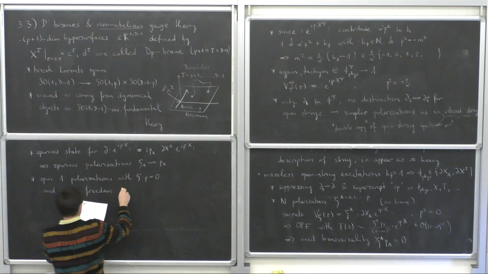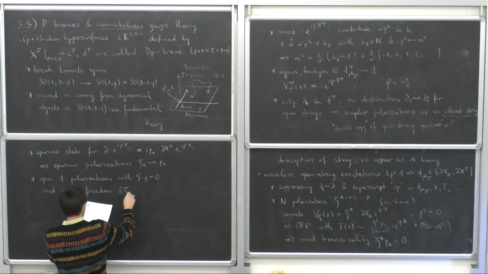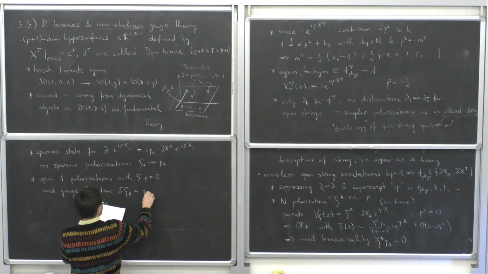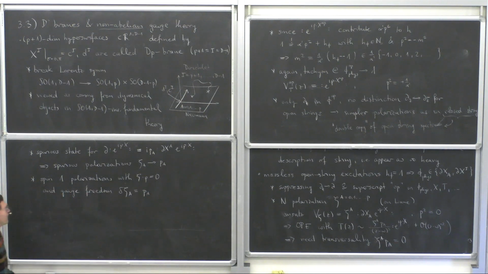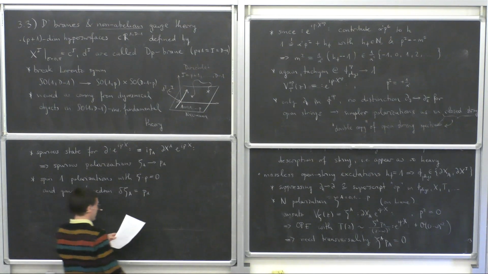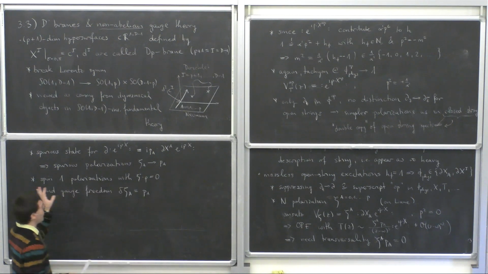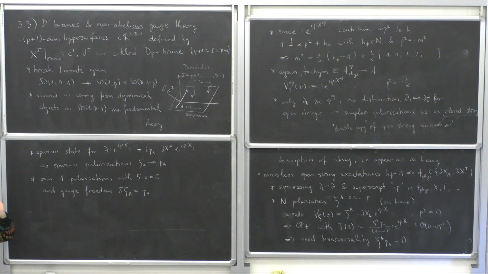So, like in the case of the closed string polarization, there is a gauge freedom by this shift here. Add your favorite multiple of the momentum vector to zeta. Okay, and once more, with these conditions, you can tell uniquely what that polarization physically is.